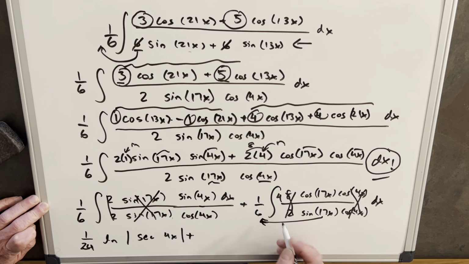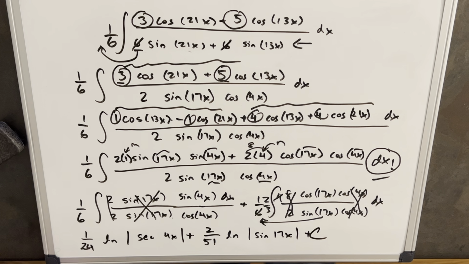Actually first, let's cancel the 4 with the 6, and we'll have 2/3. So we'll have a 2, and then 3 times 17 is going to be 51. And then for the integral of cotangent of 17x, we're going to have natural log of sine of 17x plus c. I'm going to check my answer because that was a lot of work.